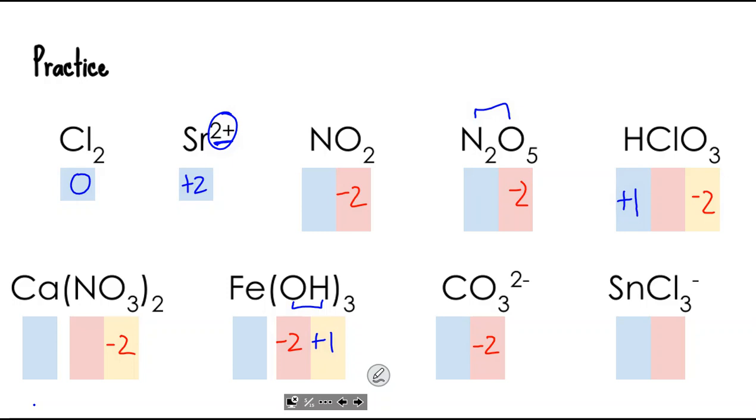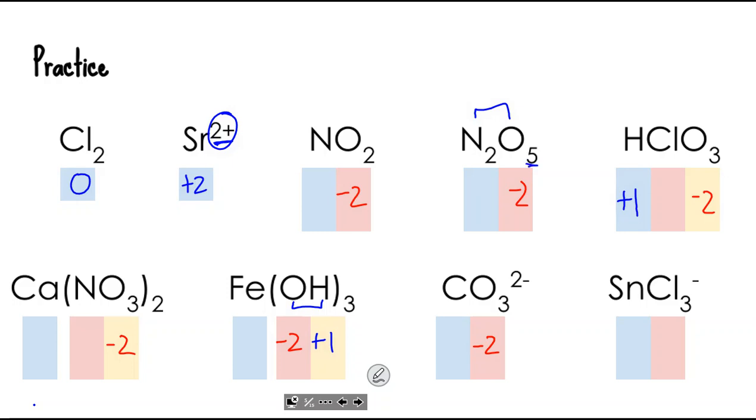Because when covalent compounds' bonds break and they form new bonds, you do have a reshuffling of the electrons, and this is a way of keeping track of how the electrons are reshuffled. Technically, if it's forming a covalent compound, it's going to share those electrons, not transfer them. But we do have to keep count, and that's the whole point of assigning oxidation numbers.